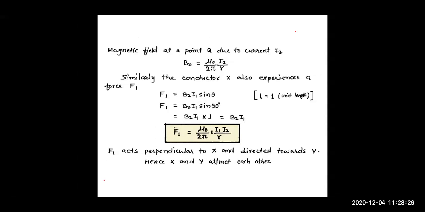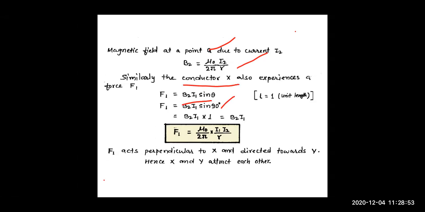Similarly, we are going to do as we did for the other one. So at point Q, the magnetic field is given by mu 0 I2 upon 2 pi r. Why I2? Because that magnetic field is due to the other wire, and the current in the other wire is I2, right?